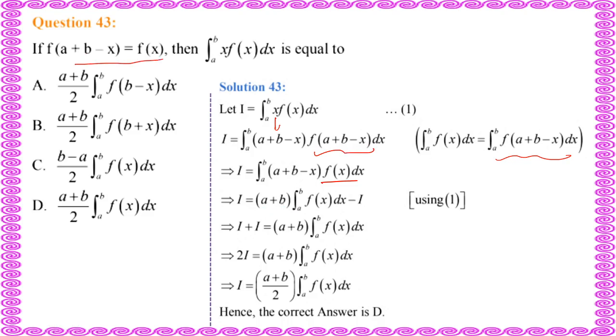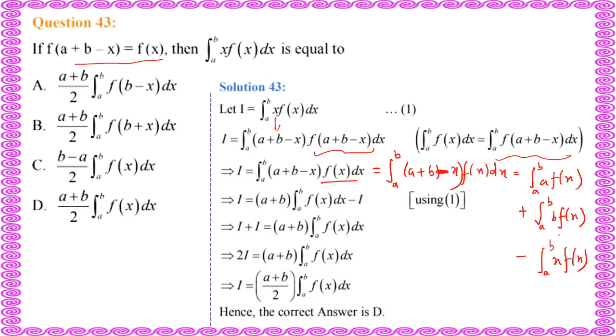Now after that, using 1, see here, how can we write it? If we open the bracket, we can write this thing as integral a to b of a f x plus integral a to b of b f x minus integral a to b of x f x. And minus integral a to b of x f x is what?